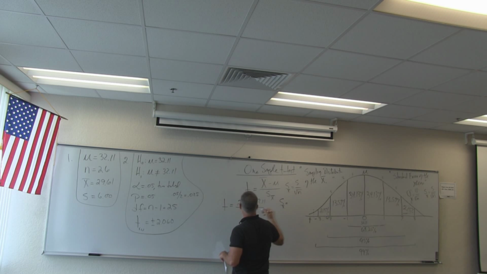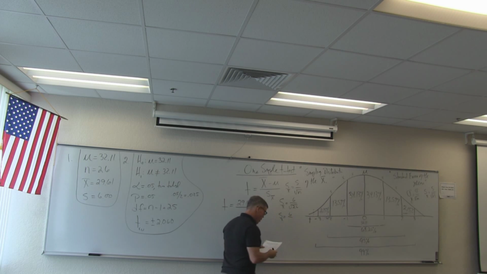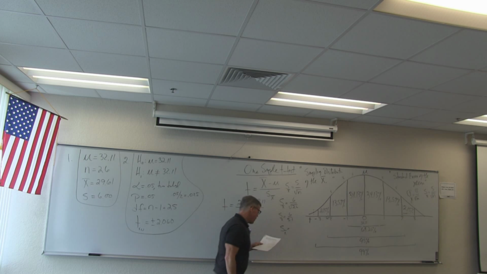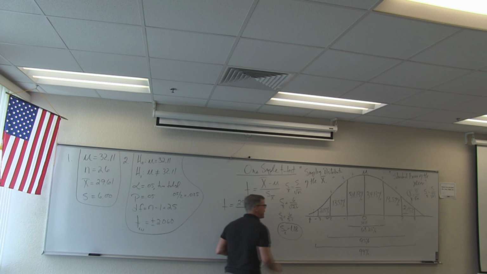S is 6 divided by the square root of 26. Square root of 26 is 5.1. Standard error of the mean, 1.18 years.